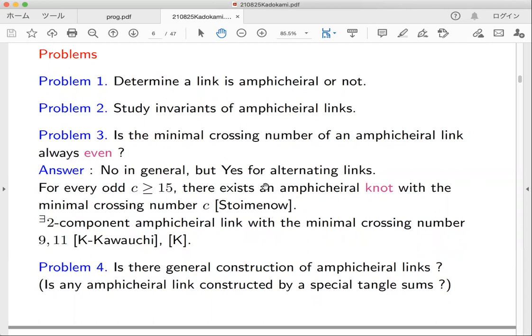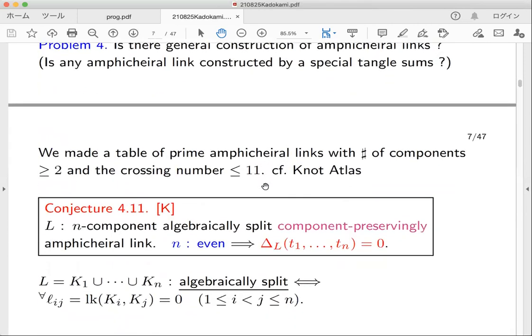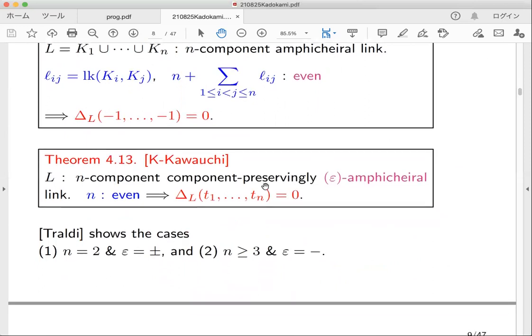So in Theorem 4.13, you have the assumption that the link is algebraically split.